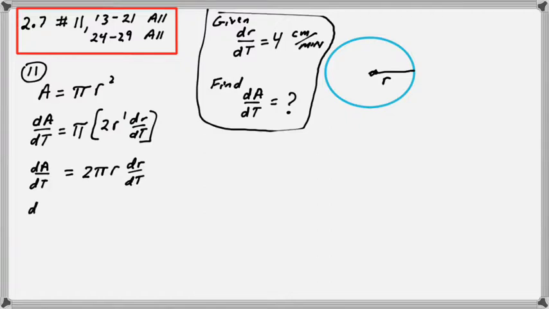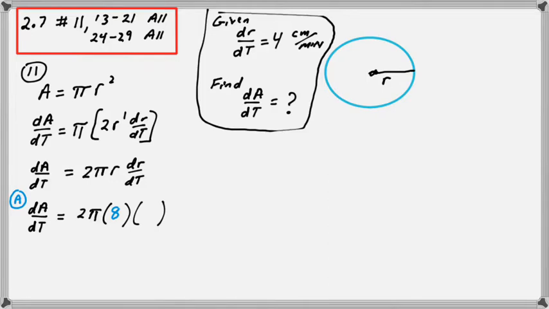They want us to find the rate of change of the area, so I leave dA/dt there in my formula. I'm going to fill in the other parts. Part A says find the rate of change when the radius is 8 centimeters. So at 8 centimeters, that's an instantaneous value. It's only 8 centimeters for an instant in time if it's increasing.